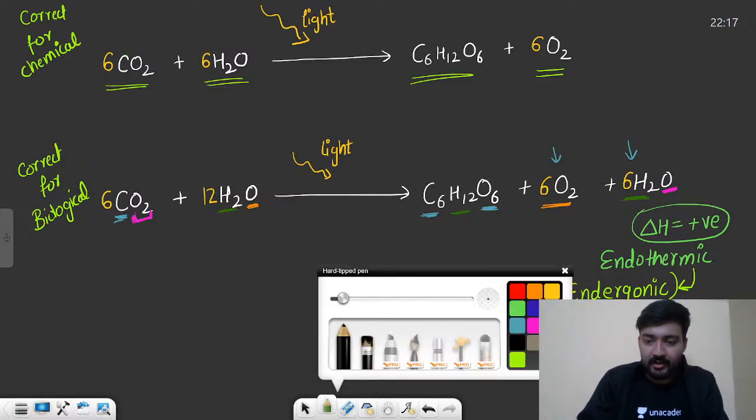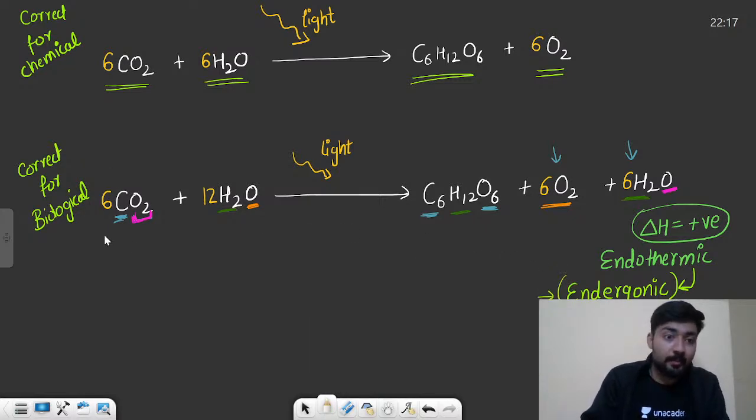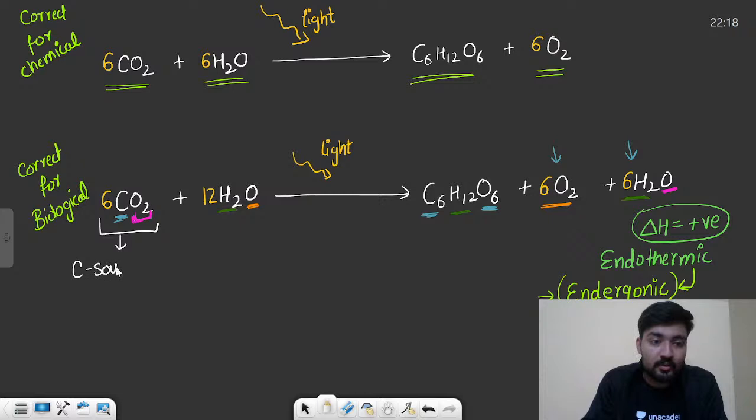And let us get an idea of the significance of all these reactants and the products of photosynthesis. See, CO2 here is acting as the carbon source. So CO2 is the C source, the carbon source of the reaction. Water, what is the role of water in photosynthesis?